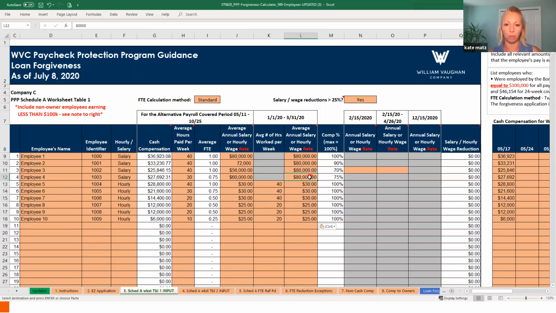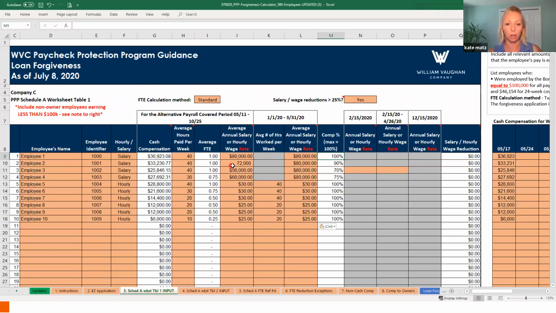So for our salaried individuals, for employee number 1, 80,000 was the rate in the base period, and 80,000 is the rate in our covered period. So we can see in column M here that we are at 100% of compensation for our covered period as compared to our base period. We didn't have any reduction.